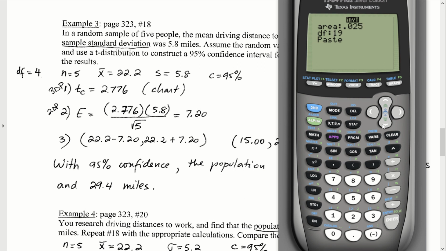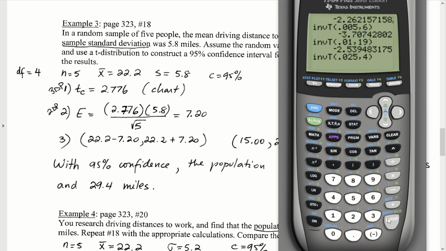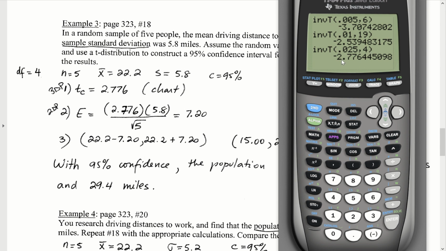We have a sample of size 5, so that's going to produce 5 minus 1, or 4 degrees of freedom. Go ahead and hit enter, and to 3 places, this should give us a t-critical value of 2.776.